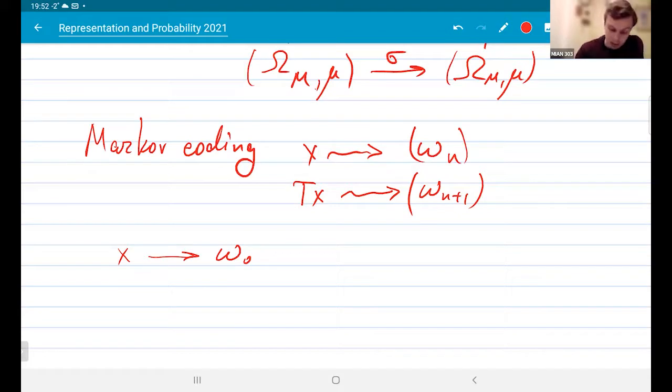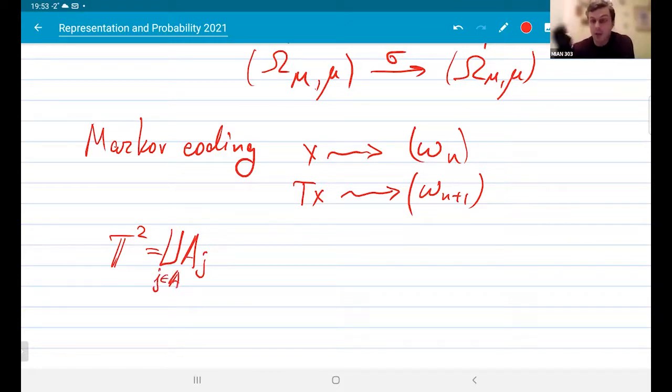Or I can just say that I have a torus, and I split it into some parts, which are exactly the elements of our alphabet, the states of our Markov chain.